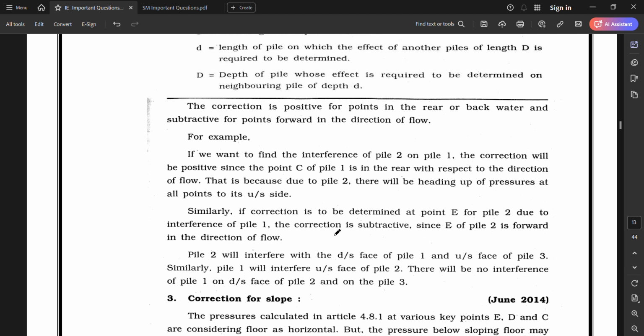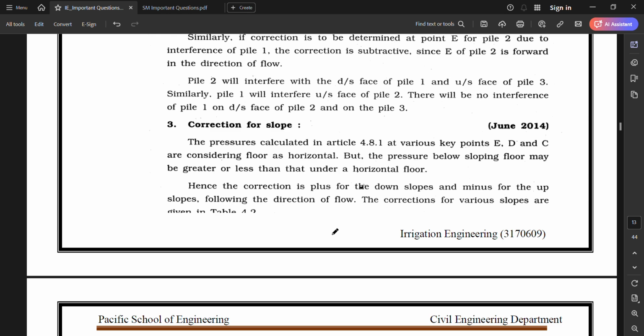Third is the correction for slope. The pressures calculated here at various key points E, D, and C consider the floor as horizontal, but the pressure below the sloping floor may be greater or less than for the horizontal floor.